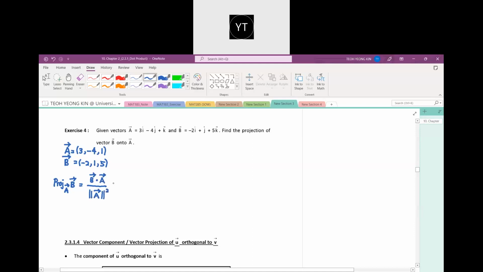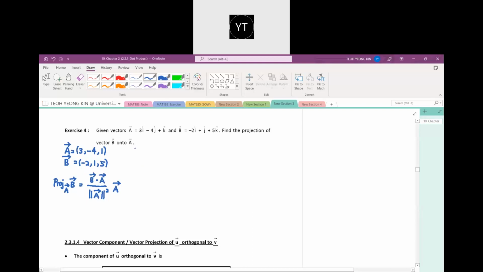And multiply by the vector A. You can see that vector B only appears once. So now I can find this value separately.